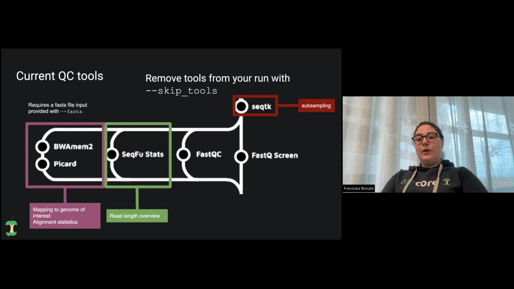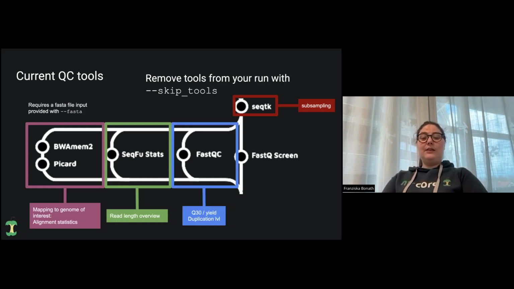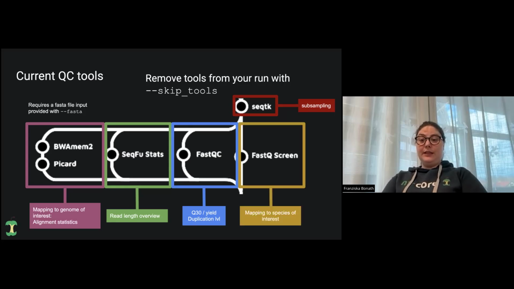And then the two workhorses of QC, at least at our facility at the moment. We have FastQC, which is giving you all the base statistics, meaning the quality over the reads or over different samples, the yield of the samples, duplication levels, and a few other things. And finally, FastQ Screen.